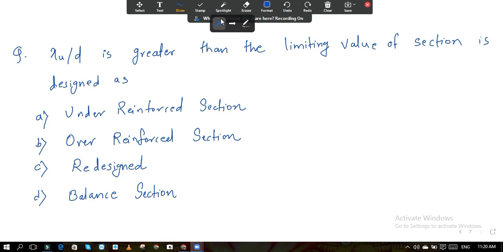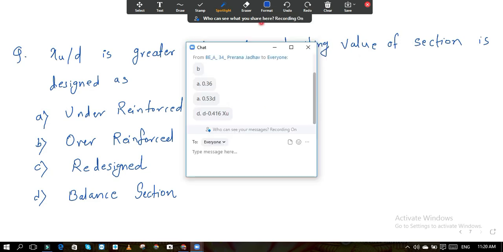So the question is XU by D is greater than the limiting value. XU by D ratio means indirectly they are saying to you that XU is greater than XU max, then the section is designed as. What is the answer?